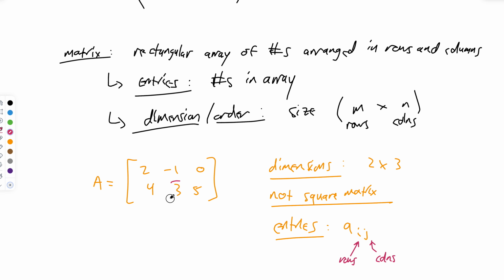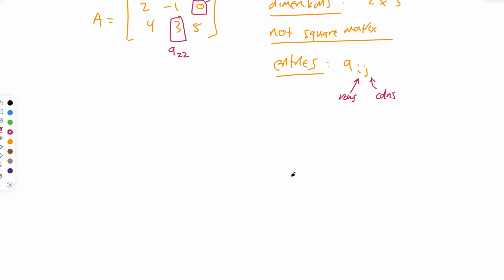If I choose, for example, this 3, this would be the entry A22, because it is the entry in the second row, second column. If I chose, let's say, this one here, this would be A13 because it is the first row, third column. So we will define our entries with this lowercase, and we'll always, again, row by column, rows first, column second. Okay. Hopefully that is making sense.